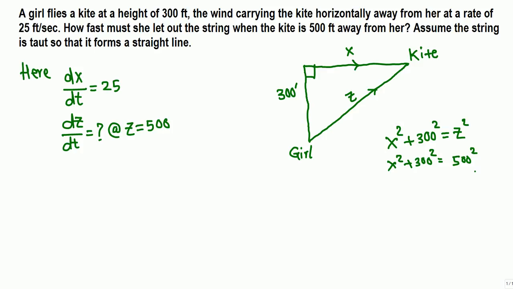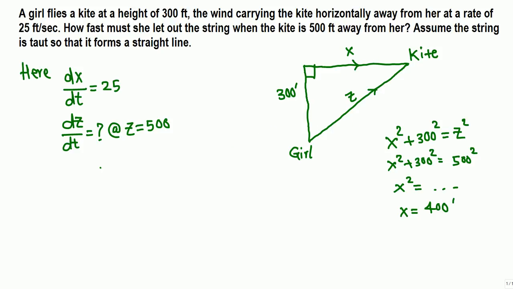Subtract 300 square from both sides, then x square will be 500 square minus 300 square. Then take the square root, and you get x equals 400. So at the moment when g is 500, this will be 400.